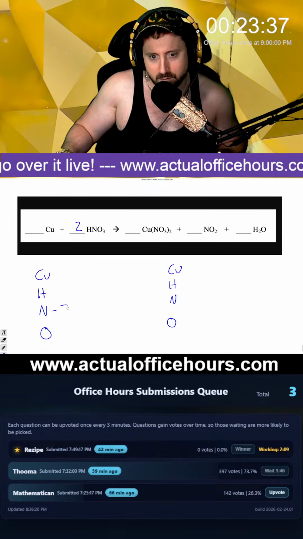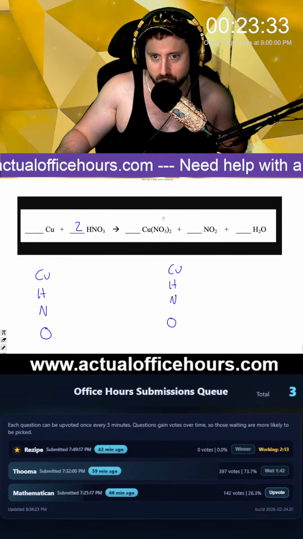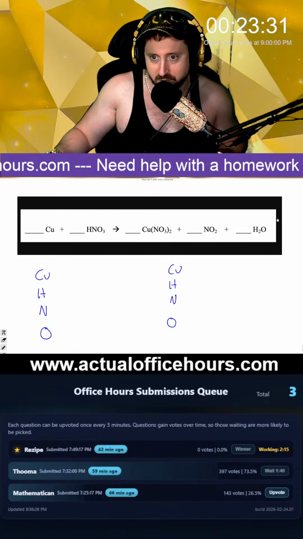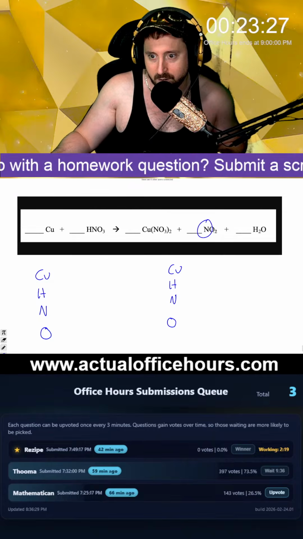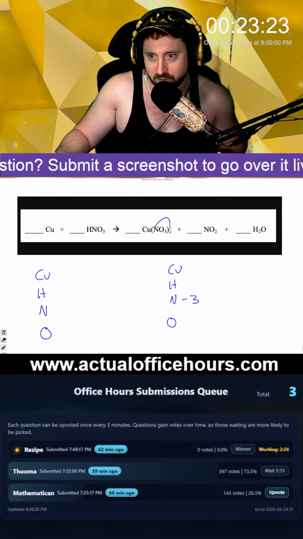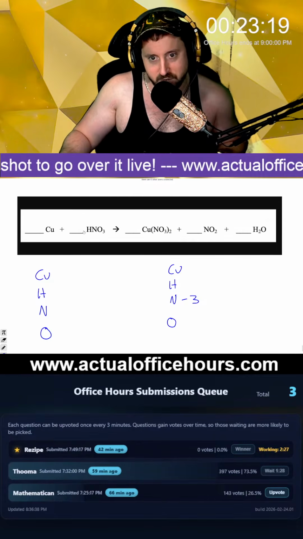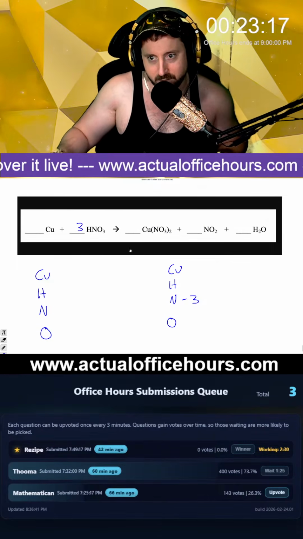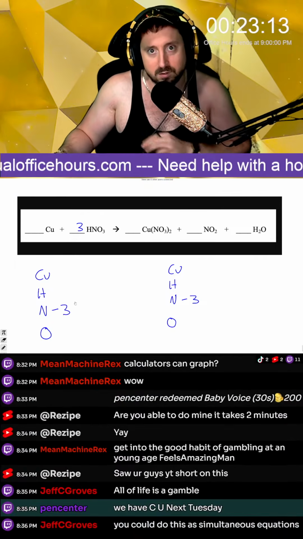Well, actually, no, I need more than a 2, sorry. So let's count how many nitrogens on the right here. So N2, so that's 2 from there. And then that's another one here, so that's 3. Okay, so I have 3 nitrogens to start. So then, in order to have 3 nitrogens here, I'm going to put a 3. We're going to assume everything is 1 for now, right? Okay, 3 nitrogens.